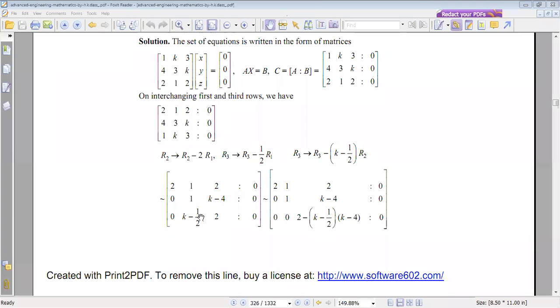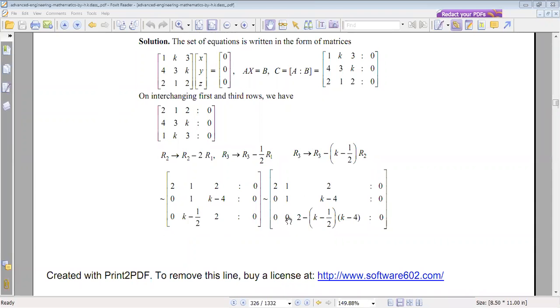Now it is very important how we can make this element equal to 0. We simply multiply 1 with this one and deduct it. So row 3 tends to row 3 minus k minus half into row 2, so that these elements directly become equal to 0.